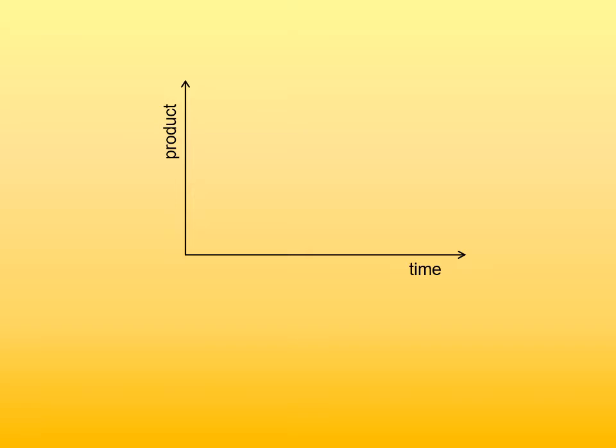Now, enzymes only affect the reaction rate, not the position of the equilibrium. And that's common to all of the reactions that are catalyzed, biological or non-biological. Without an enzyme or without a catalyst, the reaction proceeds at a certain rate. In this case, we have a relatively simple reaction where the concentration of the reaction product increases linearly with time.